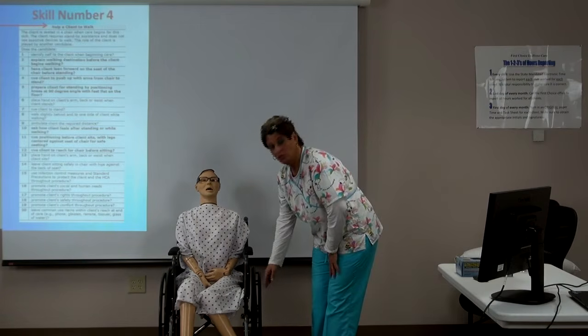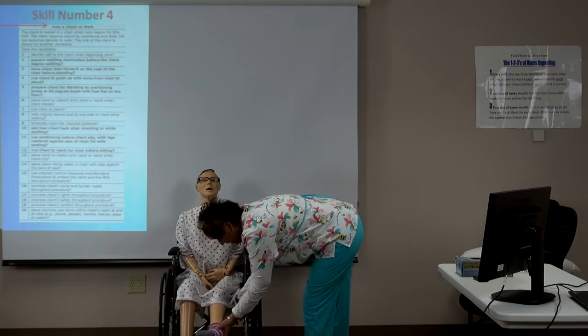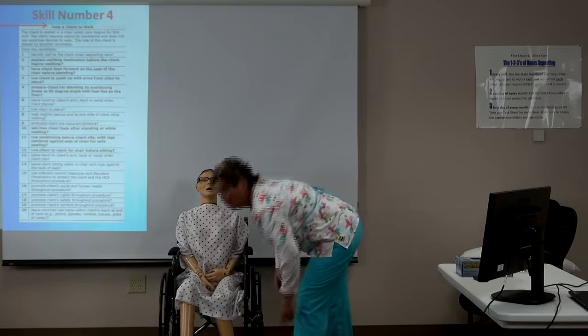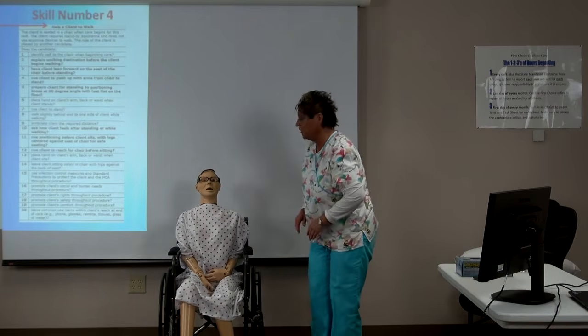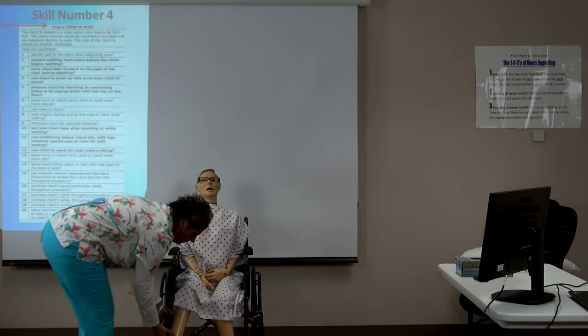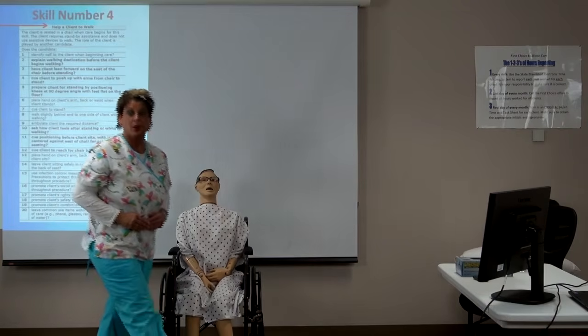So if you have a wheelchair that has legs, secure the client's legs, move the wheelchair rest out. And you'll do the same with the other side. Always making sure your client is secure.